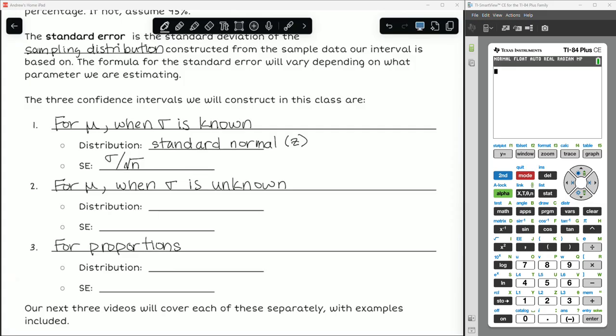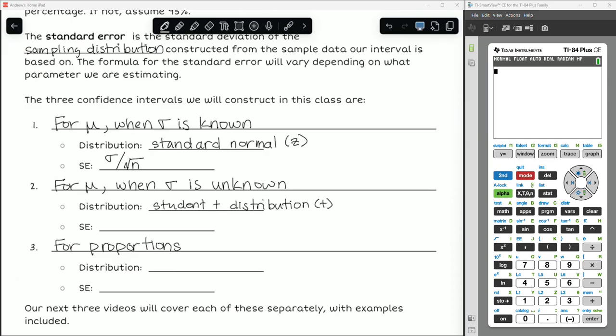For means, when we don't know what the population standard deviation is, when we're unsure how spread out that data is about the mean, we use something called a student t distribution. Sometimes just the t distribution. The t distribution is very similar to the standard normal curve, except that it tends to be wider and it depends on your sample size.